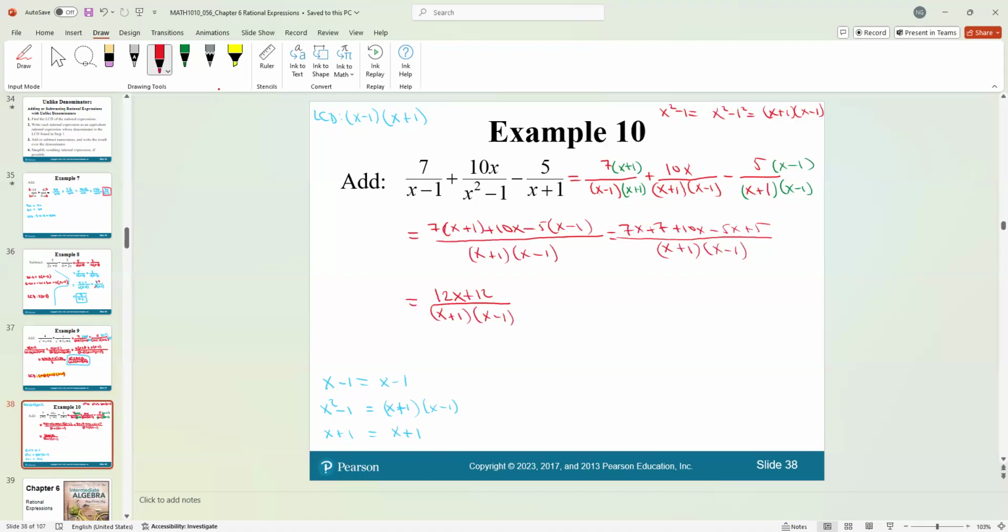Do you agree you can factor 12 on the numerator? 12 times x plus 1 would definitely be x plus 1 times x minus 1. Cancel these two. We have 12 over x minus 1 as a final answer.